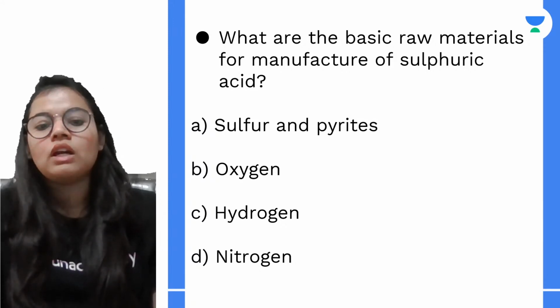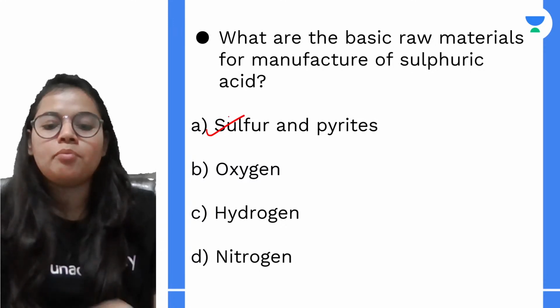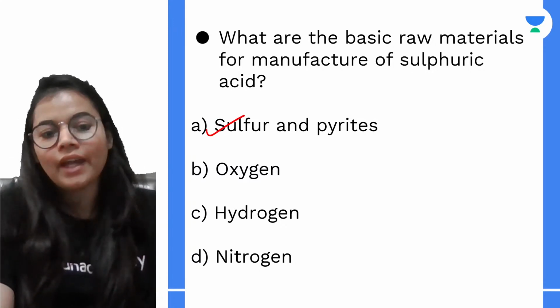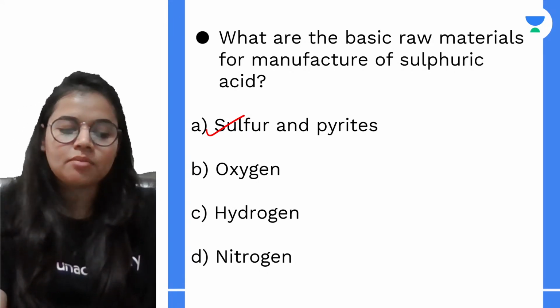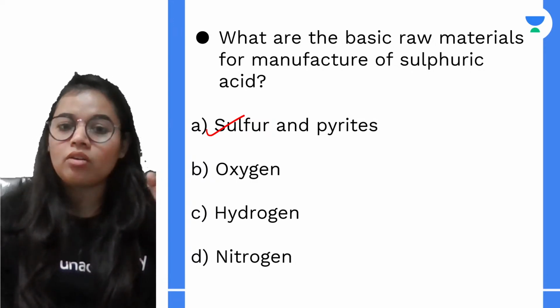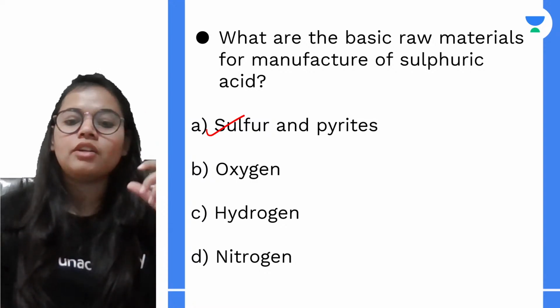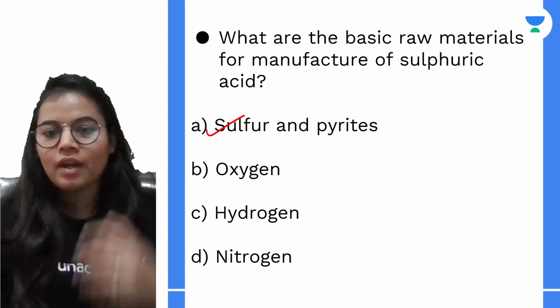Okay. The correct answer is sulfur and pyrites. तो हमारा जो सल्फ्यूरिक एसिड है वो बेसिकली हमें कॉन्टैक्ट प्रोसेस से वी आर ऑब्टेनिंग इट. तो उसके लिए सबसे पहले हमें क्या चाहिए होता है? सल्फर डाइऑक्साइड, है ना. तो सल्फर डाइऑक्साइड का प्रोडक्शन कैसे होगा? इट इज प्रोड्यूस्ड बाय द सल्फर और इट इज प्रोड्यूस्ड बाय पायराइट.